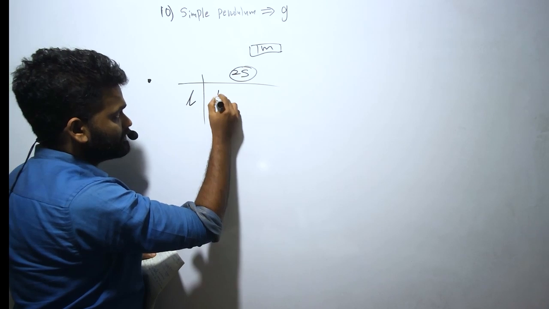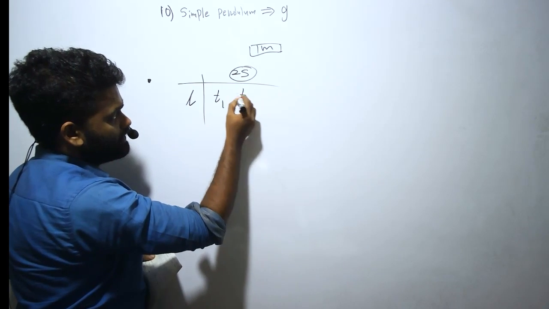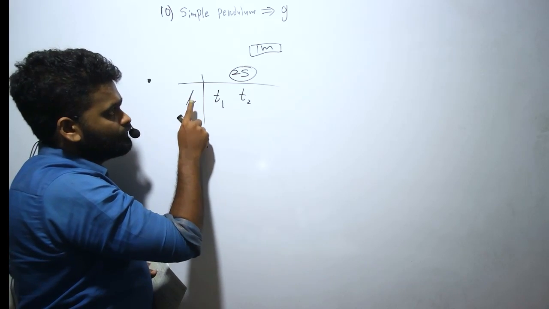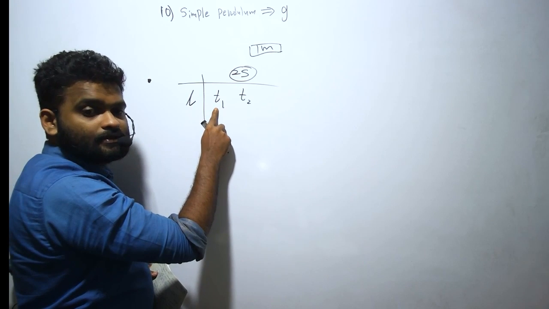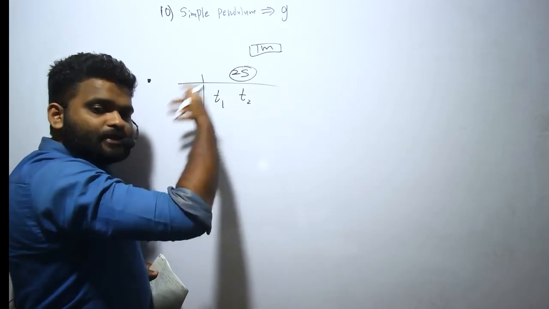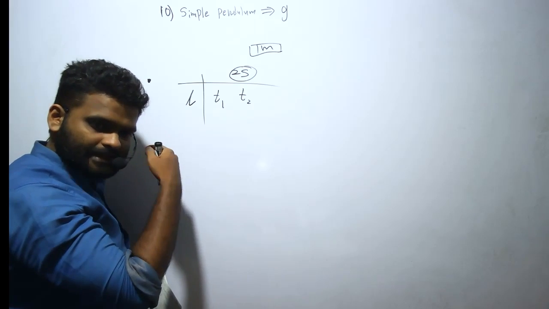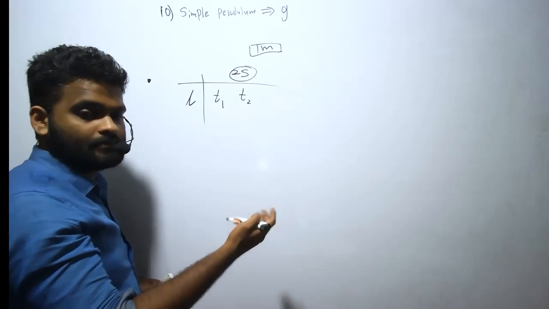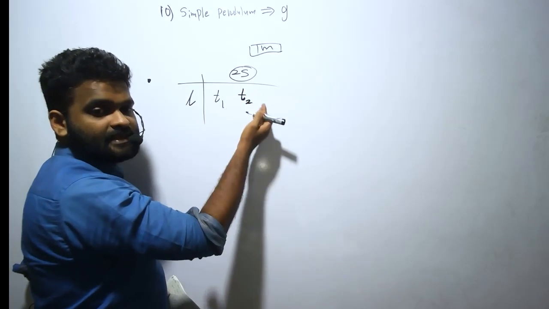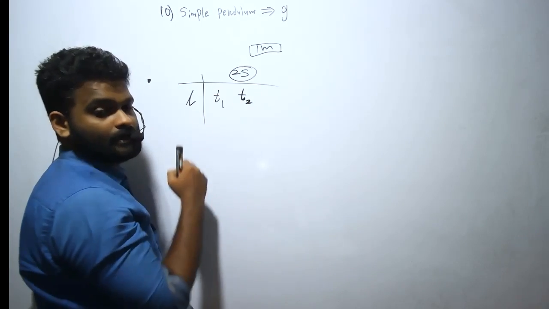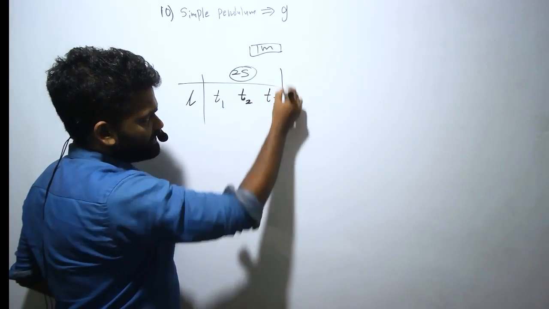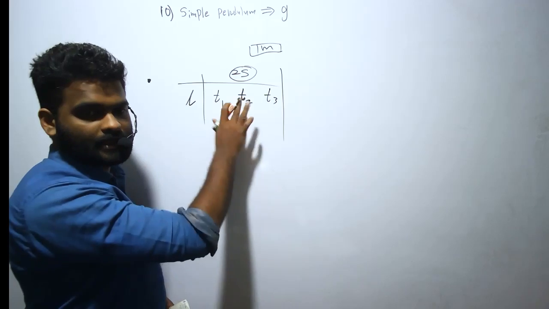You do the experiment once, and for 1 meter you measure the time for 25 oscillations. That time is T1. Then you do the same thing again without changing anything, and you get another value, T2, for 25 oscillations. Then again do the same thing and you get another reading, T3.